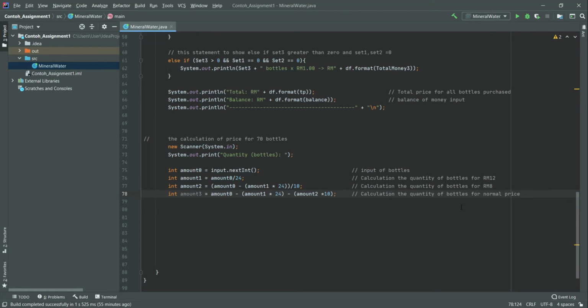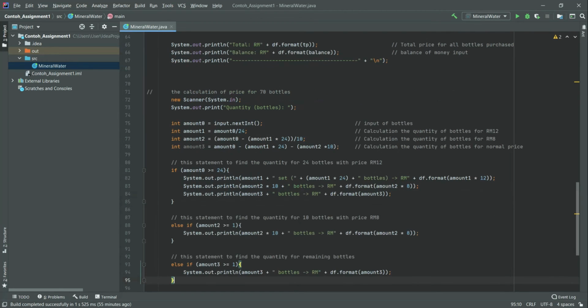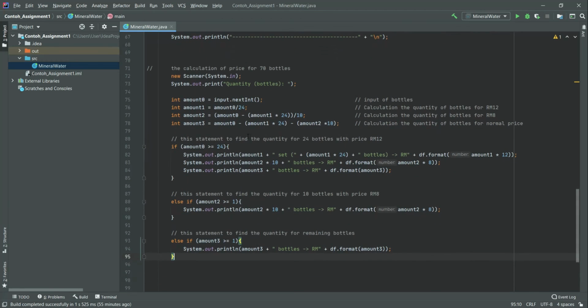And next, I will show the calculation of price for 70 bottles.